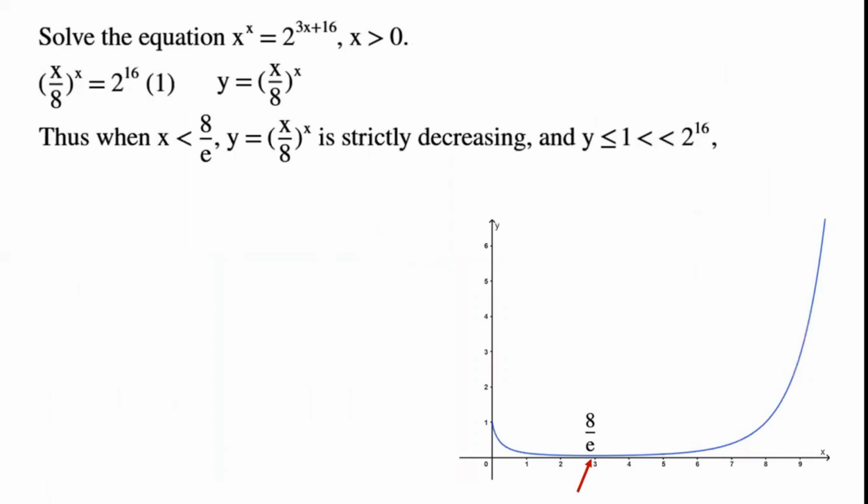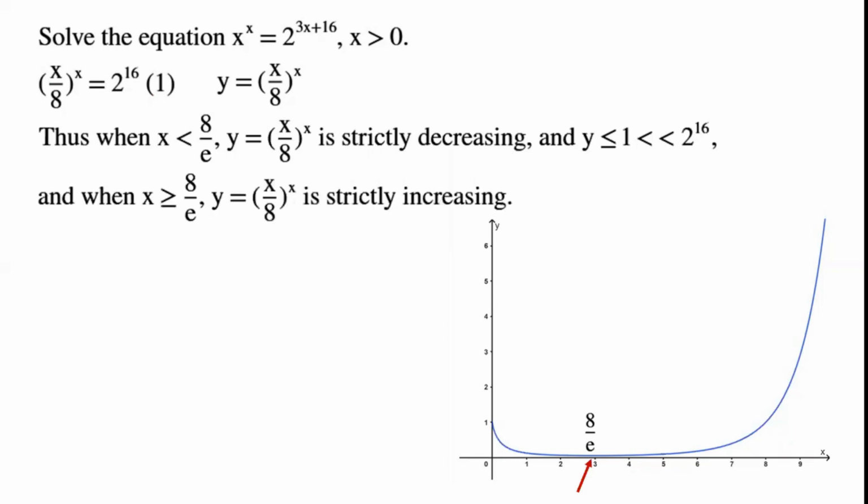Thus, when x is less than 8 over e, y equals (x over 8) all to the power of x is strictly decreasing, and y is less than or equal to 1, which is much less than 2 to the power of 16.